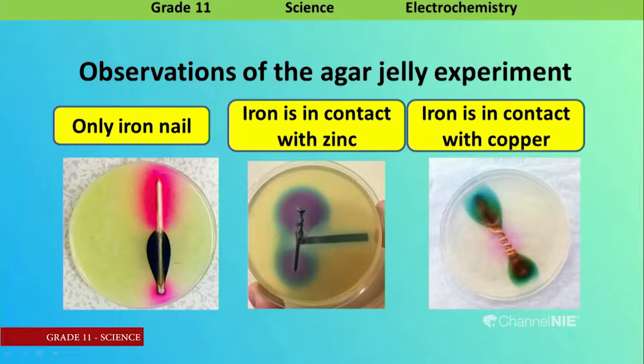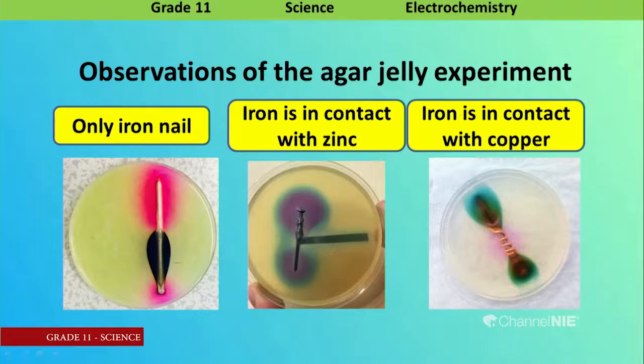That means in the dark blue area, ferrous ions must be available. That means iron has oxidized. In the pink area, hydroxyl ions must be available. That means a reduction reaction has taken place in that particular area.